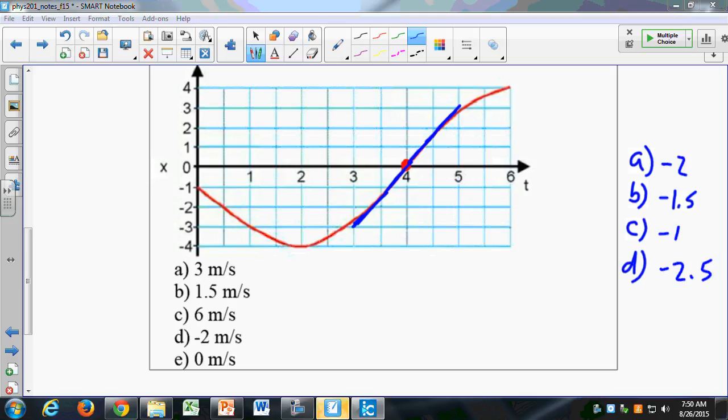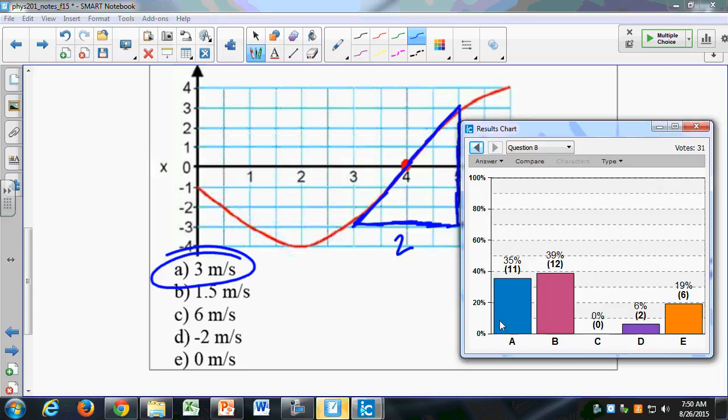And then to find the slope, I just draw my triangle like this. You have done this in lab, where you find the slope of a line. Slope is rise over run, right? What's my rise on this graph? My rise is 6. My run is what? 2, right? So my slope then is going to be 3 meters per second.